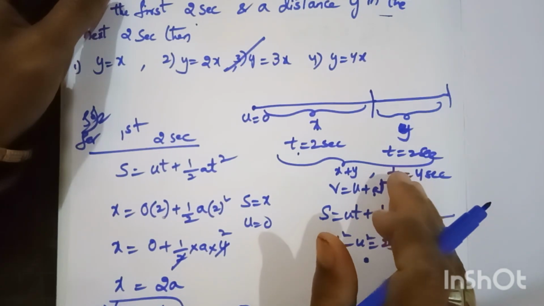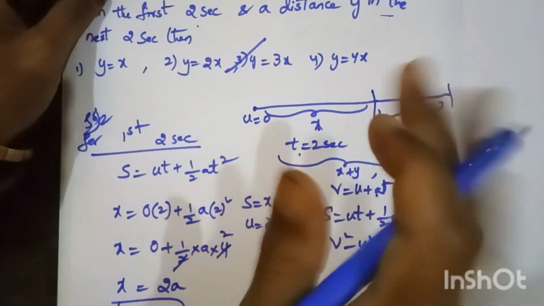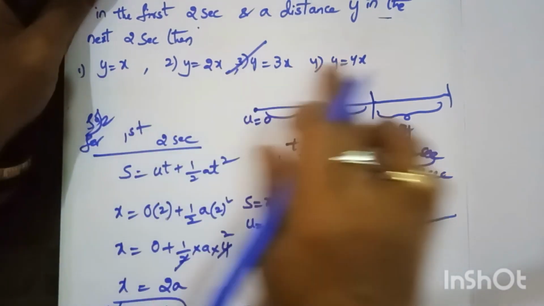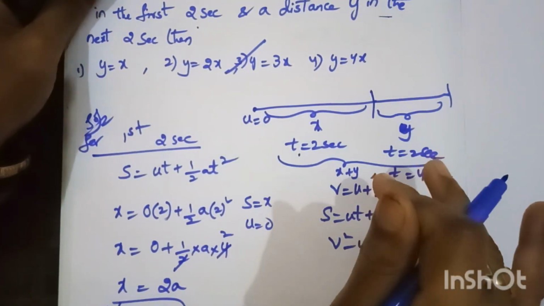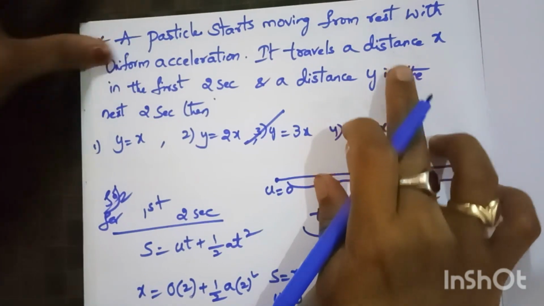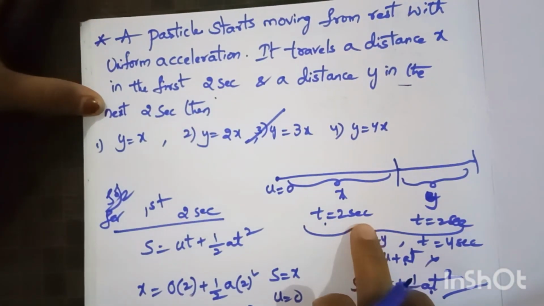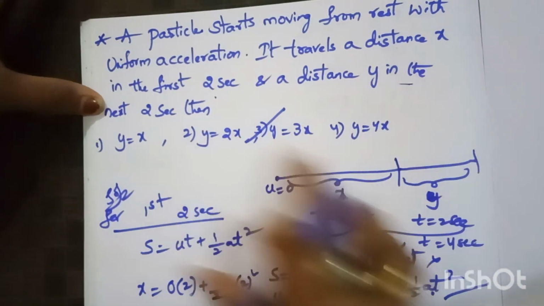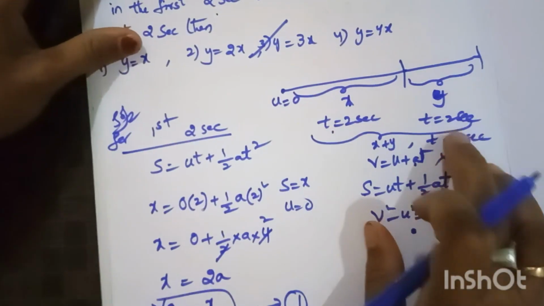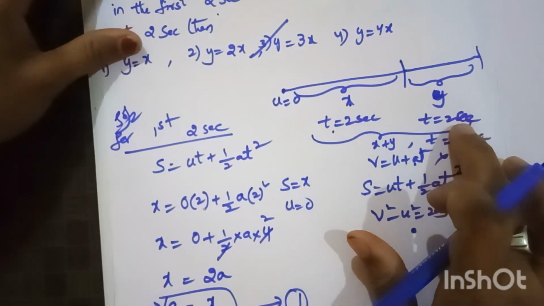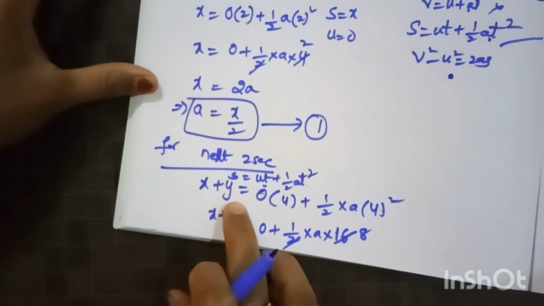If you take that relation you will get an answer, that option will be y equals x, but your answer will be wrong because they said clearly that the distance x is travelled in the first 2 seconds and distance y in the next 2 seconds. Without the first 2 seconds of distance we won't get the next 2 seconds of the distance y. For that we are considering x plus y.